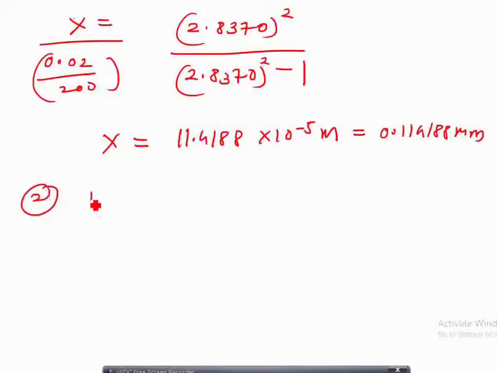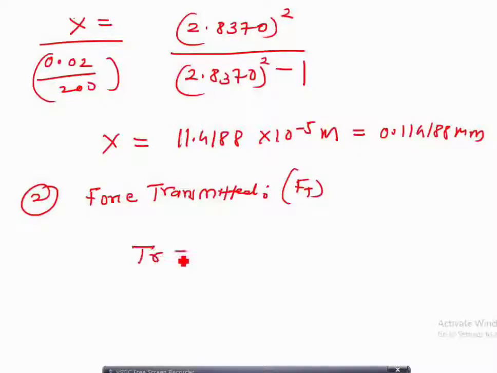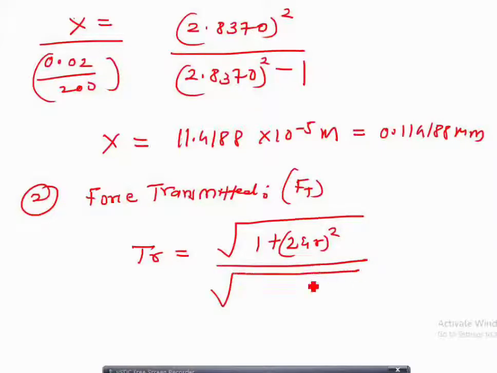Okay. Now second part. Now they have asked you to find the force transmitted. So what is force transmitted? It is nothing but you have to find the Ft. For that we know that transmissibility Tr is equal to, what is the formula to calculate the transmissibility? 1 plus (2 zeta r) bracket square divided by square root of (1 minus r square) bracket square plus (2 zeta r) bracket square.